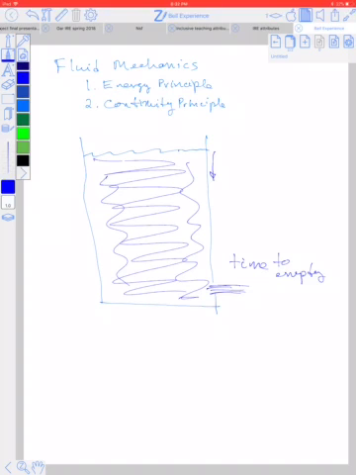And we're going to predict this using equations in class. And then you're going to go and build one of these in our lab and predict for the one you build how long it should take to empty. Then you're going to run the experiment and see how long it takes to empty and see how close your prediction was to your actual.